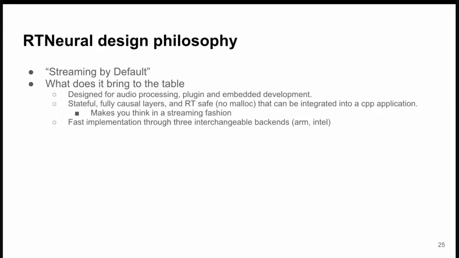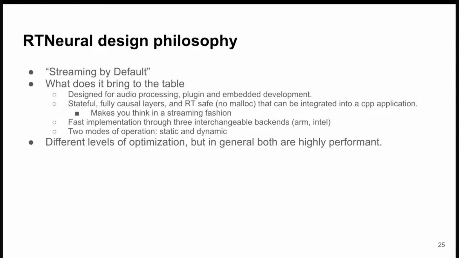We also try to get as good performance as we can, and as part of that, we have these 3 different computational backends that you can try, to see which combinations of backends work the best on which devices and things like that. And then there's also a couple different modes of operation.